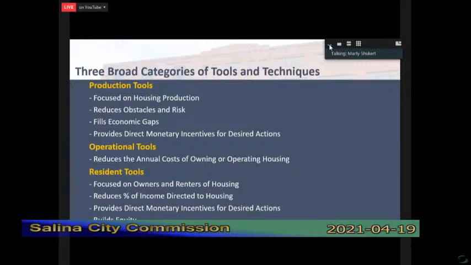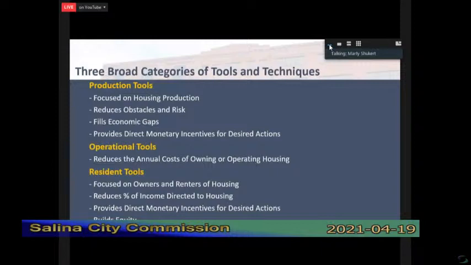So operational tools are related primarily to reducing the annual cost of owning or operating housing, or filling gaps between operating costs and revenues. Resident tools are focused on the people who are actually the occupants of the housing, whether they're owners or renters.